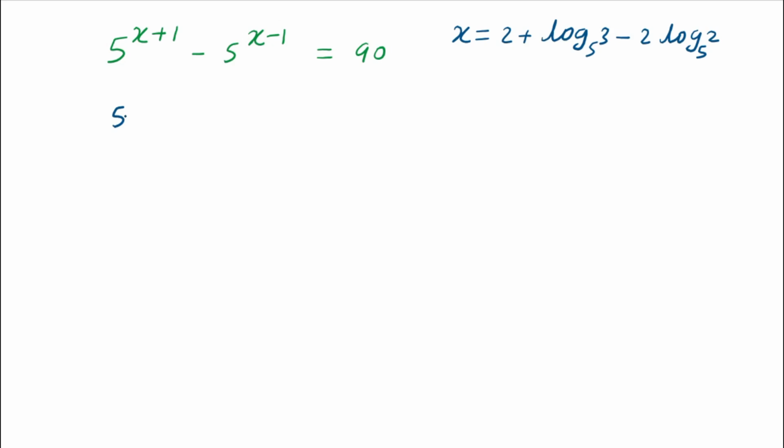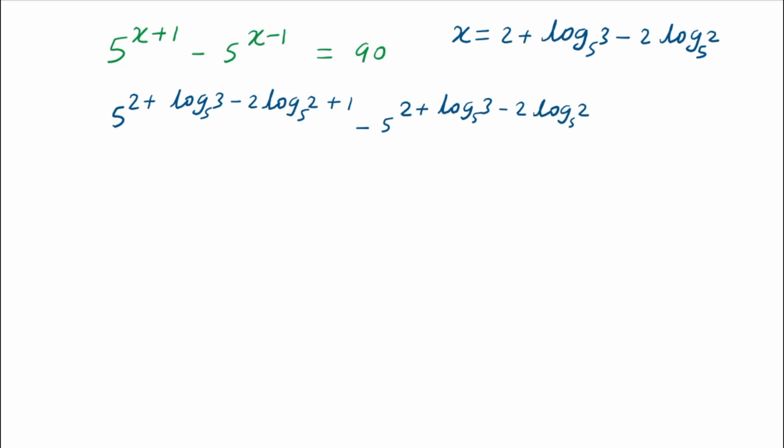Now in 5 power x plus 1, x is replaced by this expression, 2 plus log 3 with base 5 minus 2 times log 2 with base 5, plus 1, minus 5 power, this x replaced by the same value, 2 plus log 3 with base 5 minus 2 times log 2 with base 5, and here minus 1. This is equal to 90.